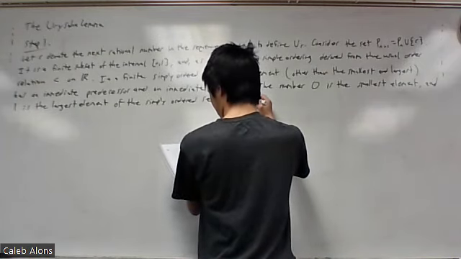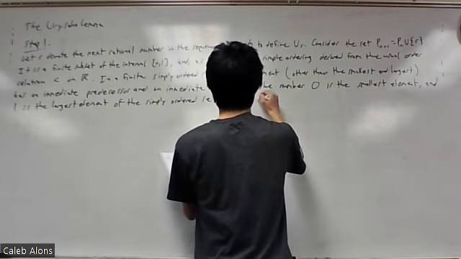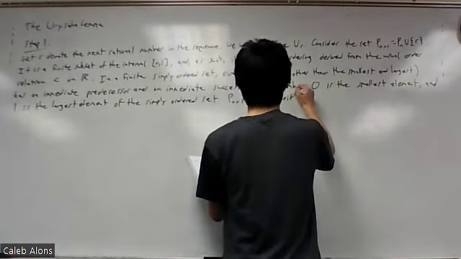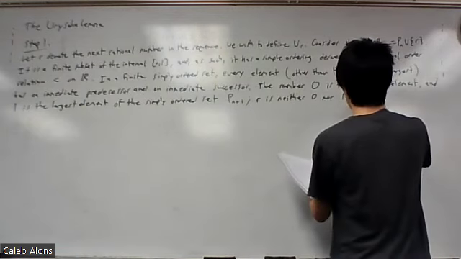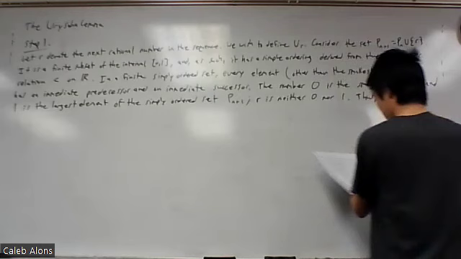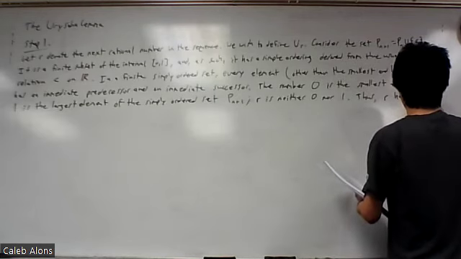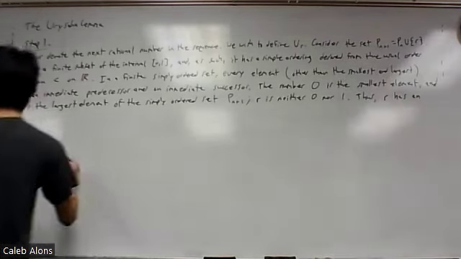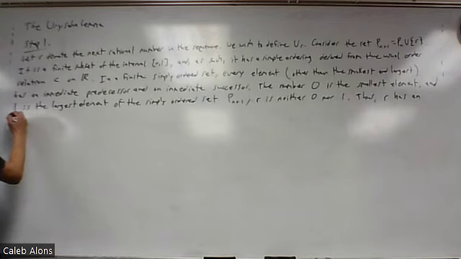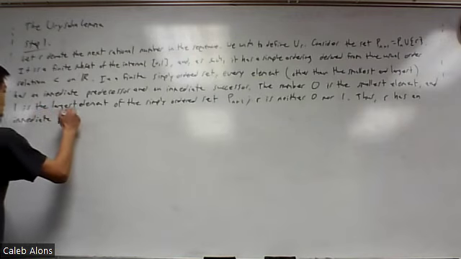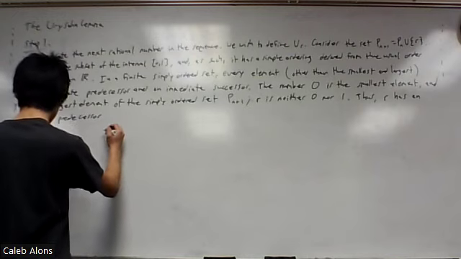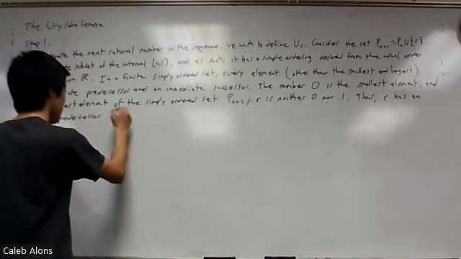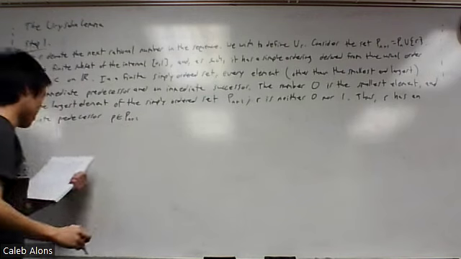Okay, so where am I here? And R, right, so R is neither 0 nor 1. So thus, R has an immediate predecessor, and we're going to call the predecessor P in P sub n plus 1.